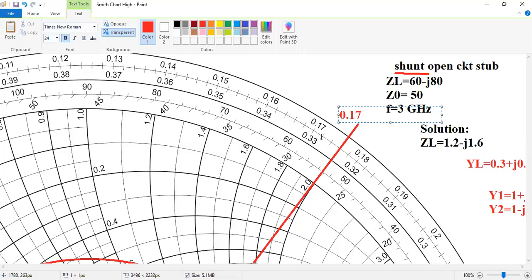This is 2, 4 and exactly at the 6. Okay. So this is 0.17, 0.172, 0.174 and this is 0.176. So this is 0.176. You got this.